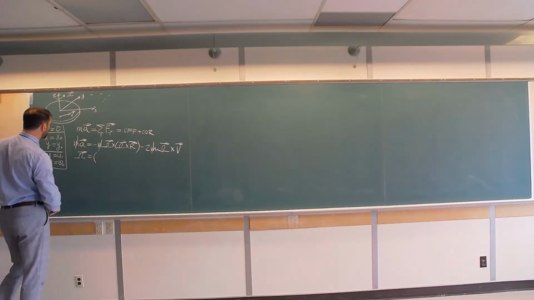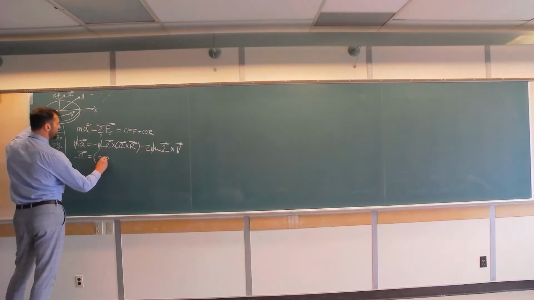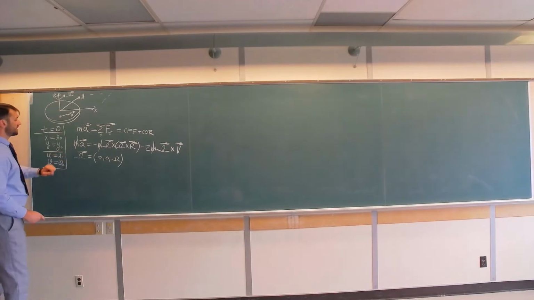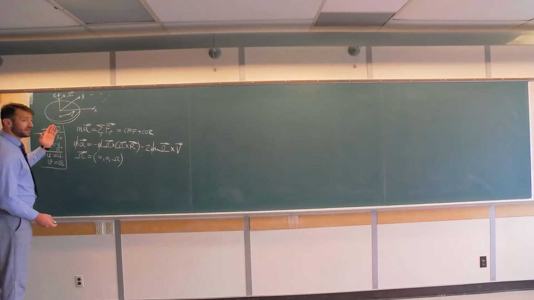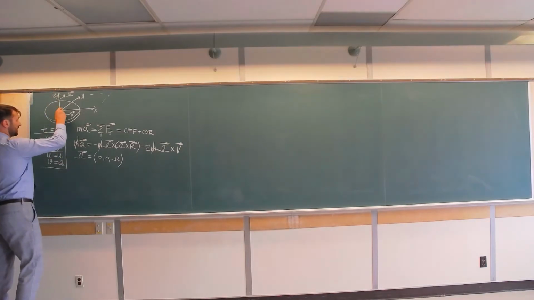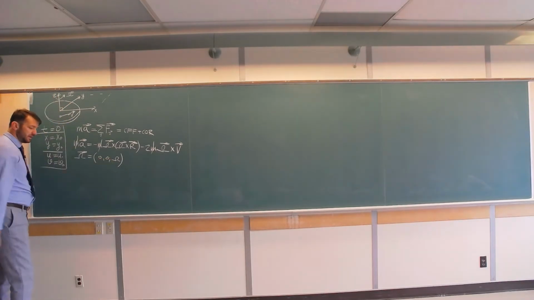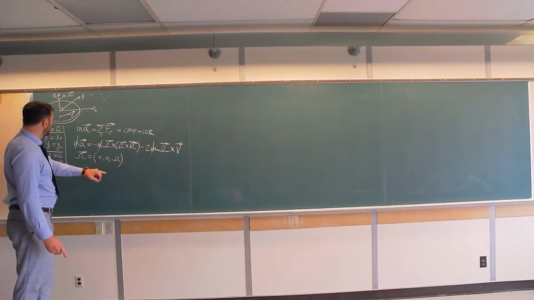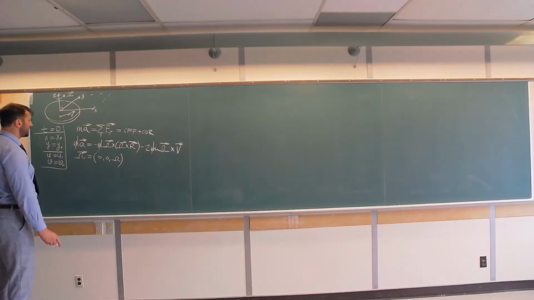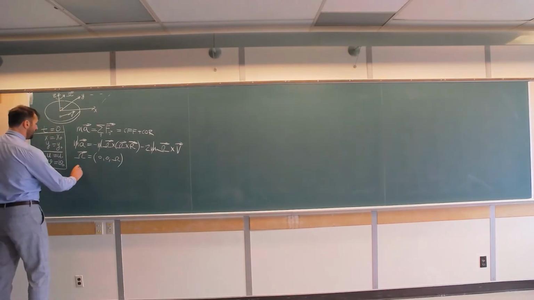The components of omega in our problem are 0, 0, and omega, where this omega without the vector is the intensity. Why is that? Well, that's because the axis of rotation is perpendicular to the plane of the disk, and therefore omega is purely along the z-axis. There are no components along the x and y axes.